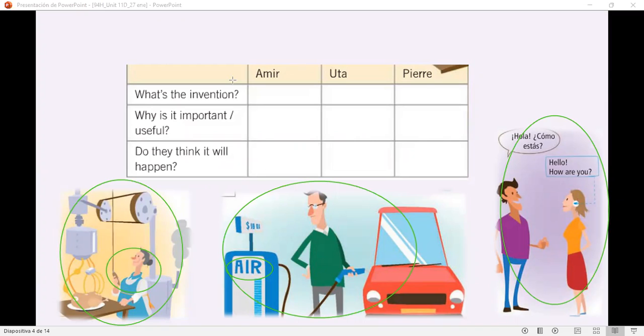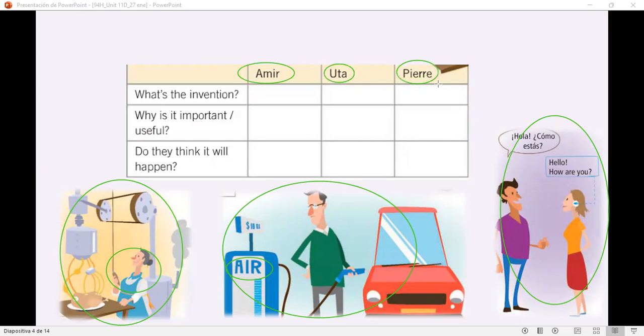So we're going to see what these people are saying about inventions. As you can see on the chart, we have 3 questions, guys. What's the invention? Why is it important or useful? And do they think it will happen? So we're going to listen to these 3 people, Amir, Uta, and Pierre, talking.